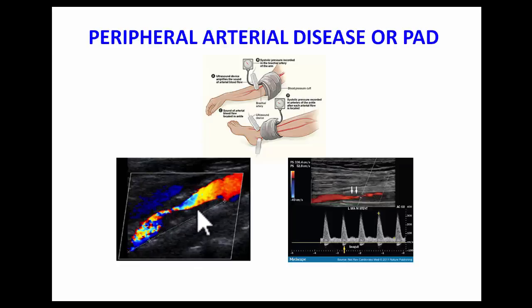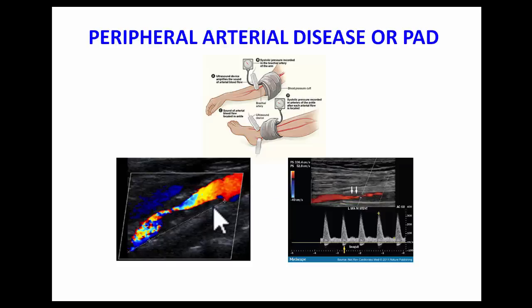As you can see, there is significant plaque buildup with critical stenosis in this region, and that causes turbulence, which is reflected in the duplex scan as increased velocity. The normal velocity should be like 150 centimeters per second. Here it's like 300, which is double, and this is an indication of a critical stenosis in this arterial segment.